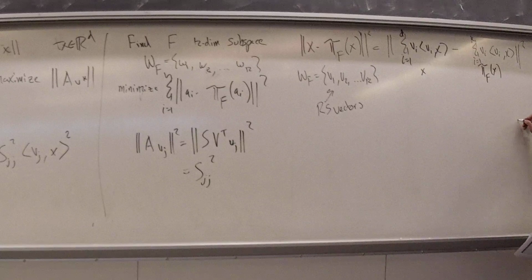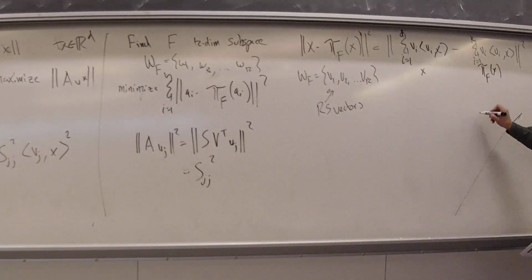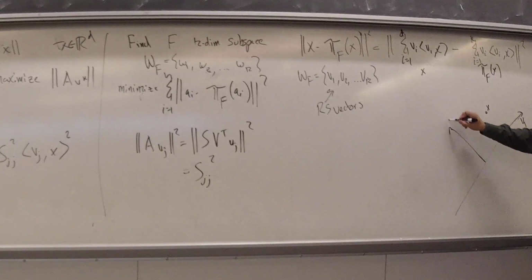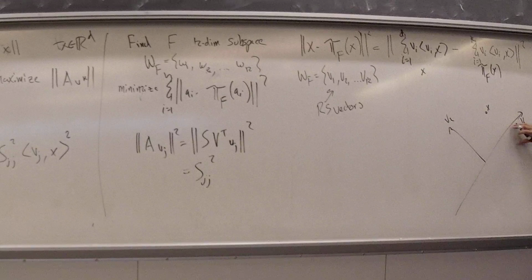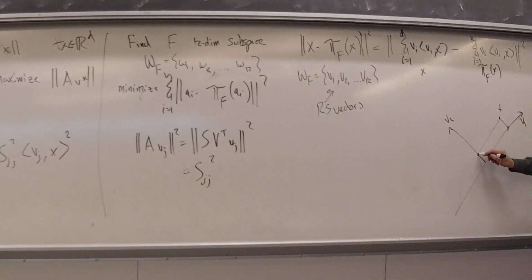So what's happening here is that I've got some point x. If this is v1, this is v2, or think of this really as the top k things, I can say x is here. I can project onto x here, and I get this component. This is the representation of the top k. This is the representation of everything left.